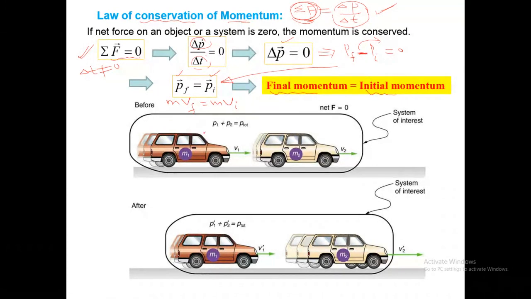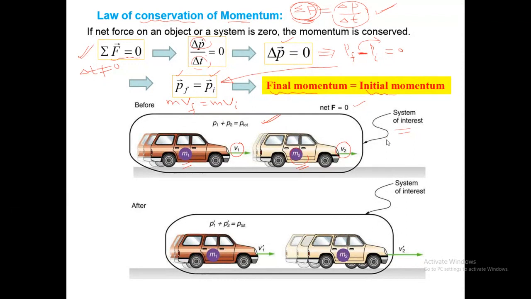But if you have a system of objects, like in this case two cars, one having mass m1 moving with velocity v1, and the second car having mass m2 moving with velocity v2, both in the forward direction. So net force 0, this is what I'm saying. We call it the system of interest.